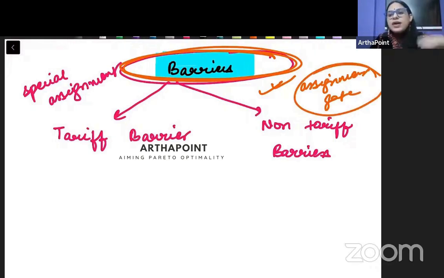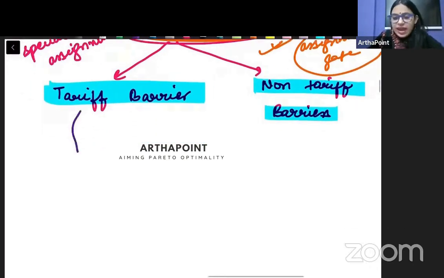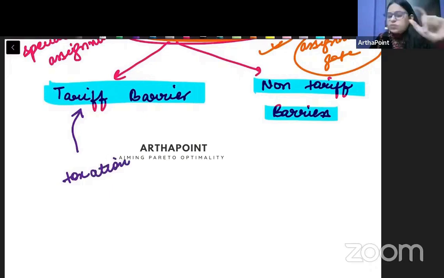So there are two type of barriers. एक को बोलते हैं हम tariff barriers and other are called as non-tariff barriers. Tariff barrier, as the name suggests, वो barriers हैं जिसमें taxation involved हो. Price में हम कुछ करें, price inflate कर दें good का.